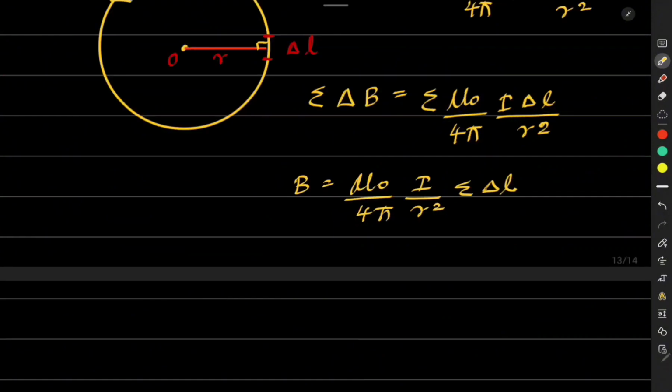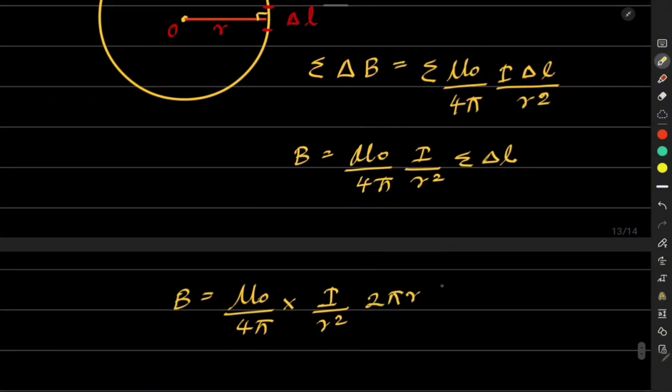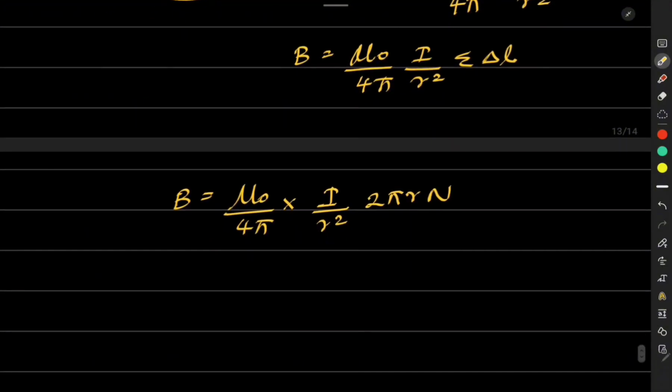If there is n number of turns, we can write the expression as B equal to mu naught divided by 4 pi into I divided by R squared. The whole circle is 2 pi R and the number of turns equals n, so into n.